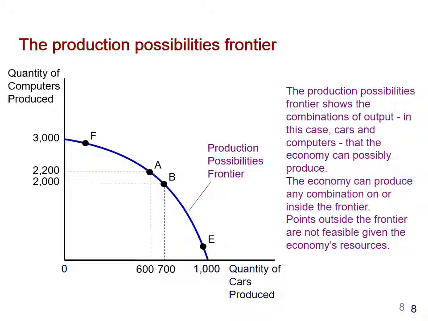Now this model can be applied in your personal life also. Let's say on the y-axis is pursuit of money, and on the x-axis is pursuit of spiritual treasures, things that you have to do as a Christian. Now let's say you're deciding on a career after you graduate from college.